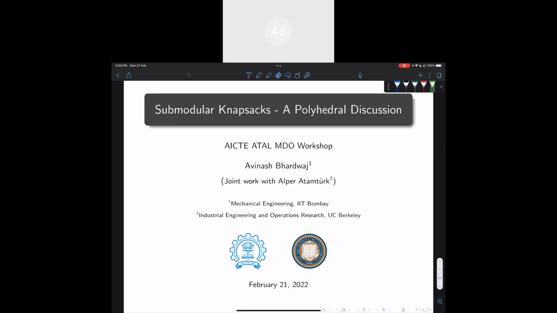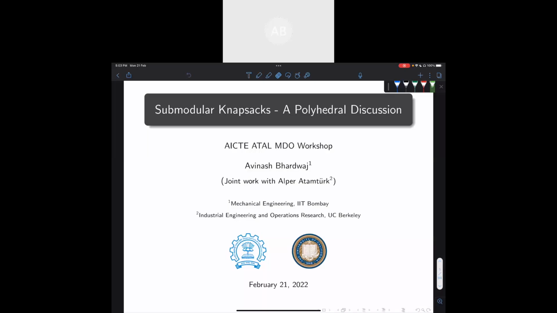If you have some background in discrete optimization, you might be well aware of those. However, we're not going to talk about just the general linear knapsacks. We'll talk about something very interesting here, which is submodular knapsacks. This is joint work with Alper Atamturk at Berkeley.